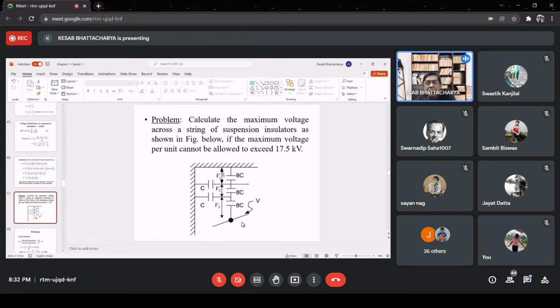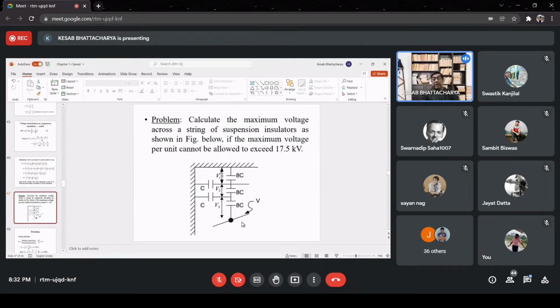V3 is equal to 1 plus 3 by M plus 1 by M square into V1. So in terms of V1, when M is equal to 8, 1 plus 3 by 8 plus 1 by 64. Sir, V3 equals 1.39 V1. 1.39 V1. So these are the three voltages in terms of V1.